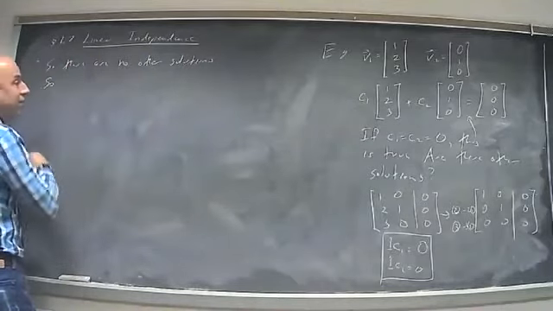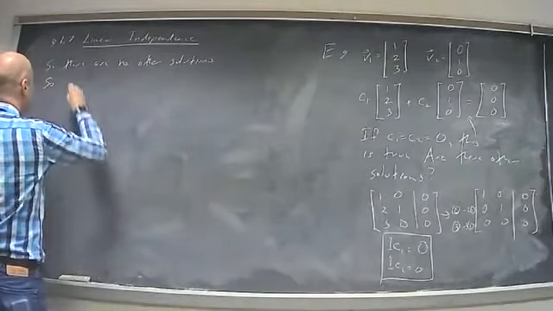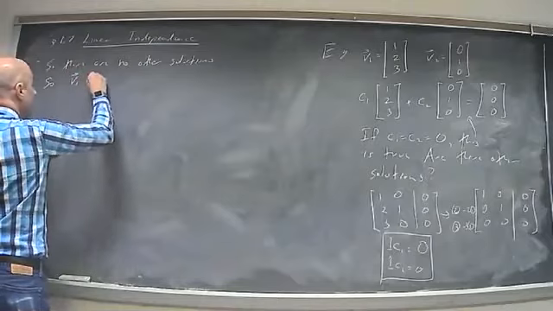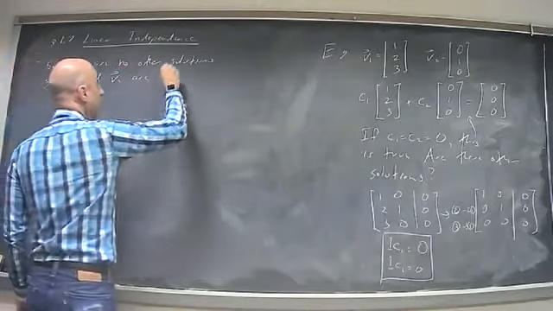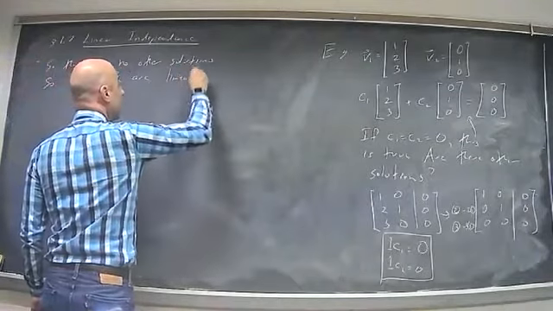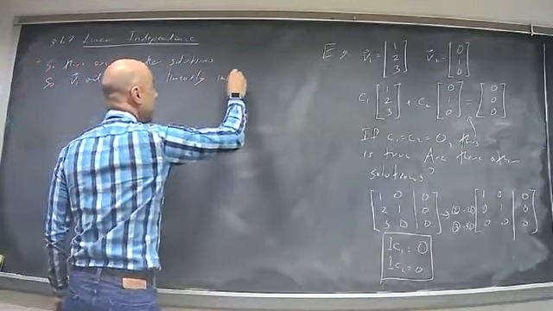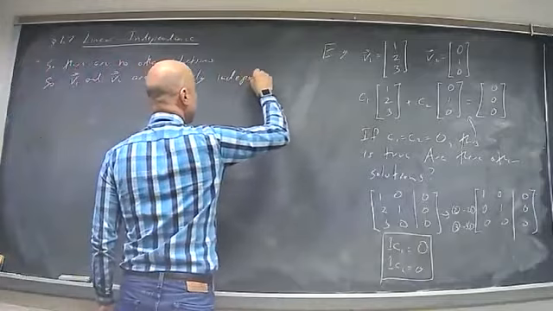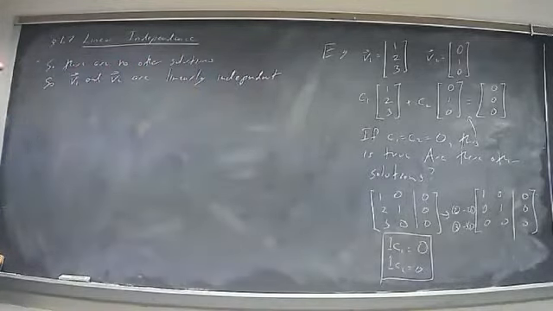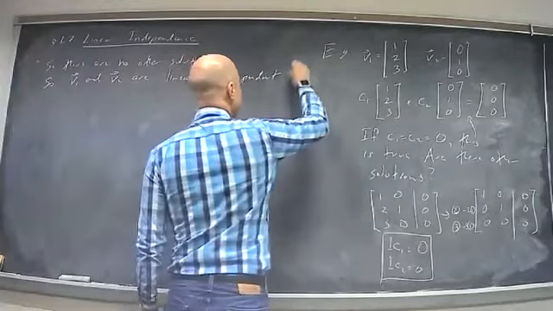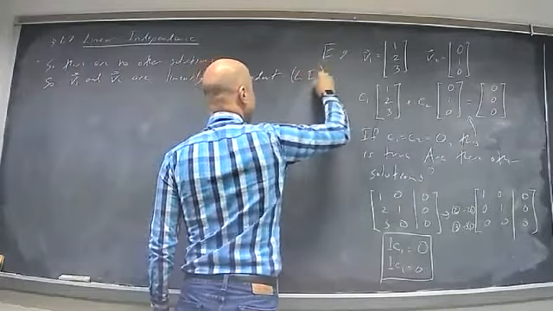So in this case, v1 and v2 are linearly independent. We write linearly independent so often, we tend to abbreviate it LI.